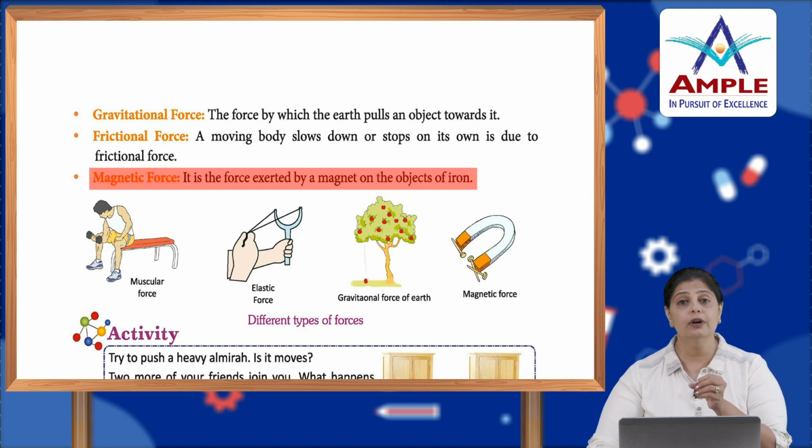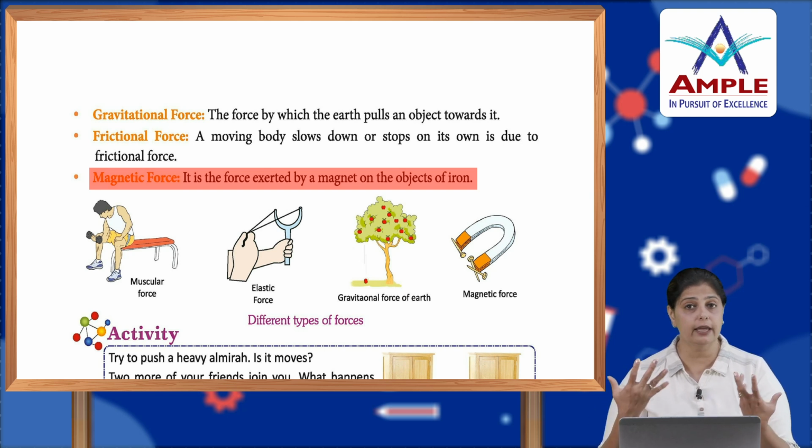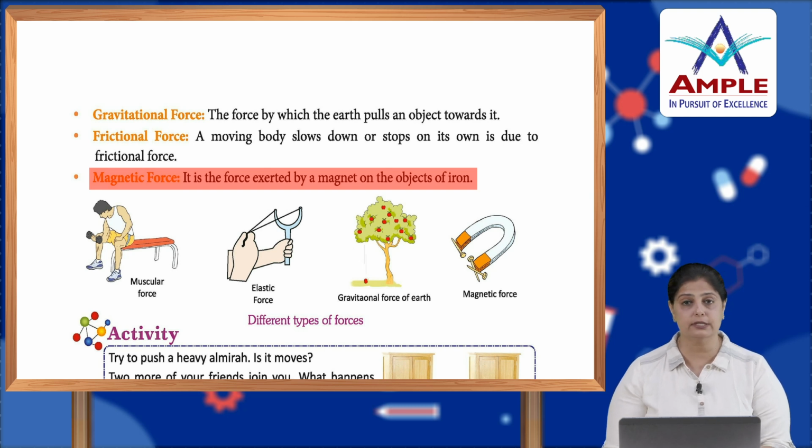So that's using an elastic force. Then the gravitational force of the earth means that any object falling down towards the earth is due to gravitational force. Magnetic force, I've already told you about the nails. If you keep iron nails, they will get attracted towards the magnet that is kept there.